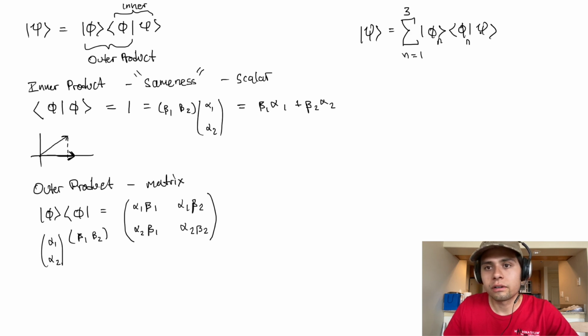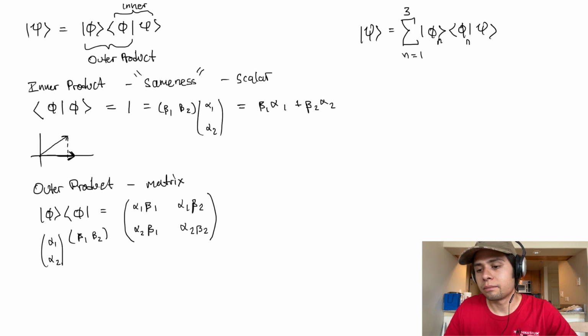You could think of this as some initial state being compared with some other state, and we're taking an inner product on that. But then these two things here are a matrix.